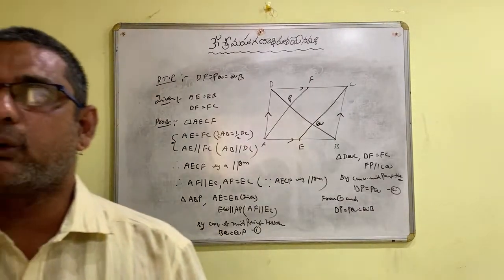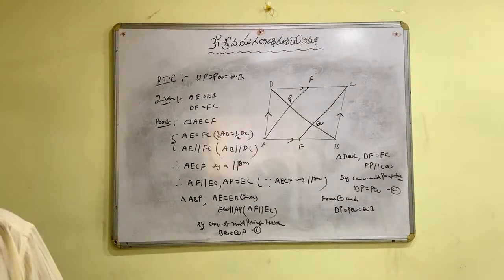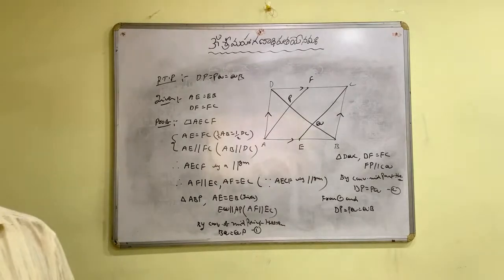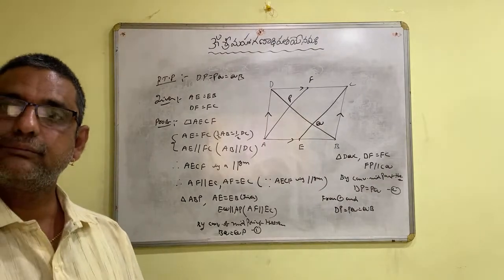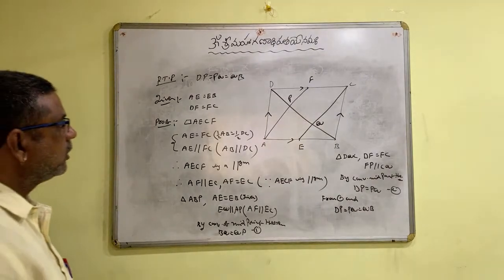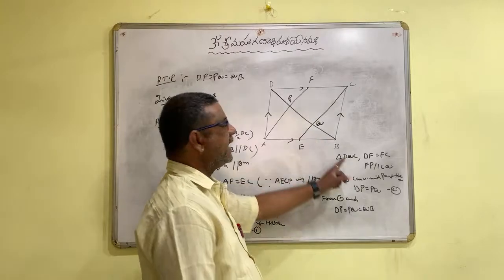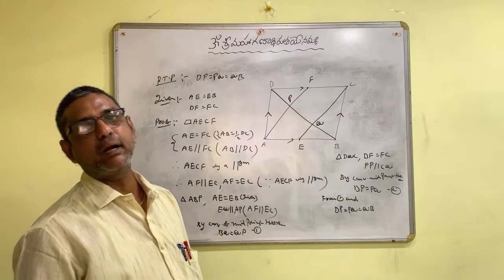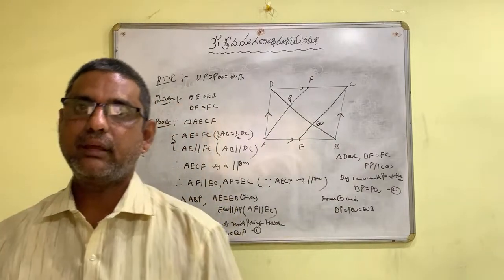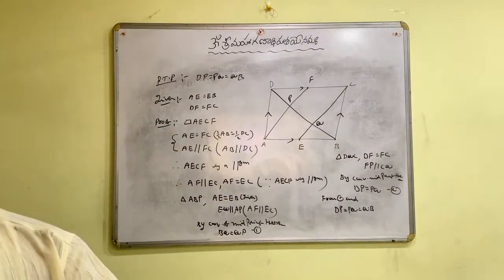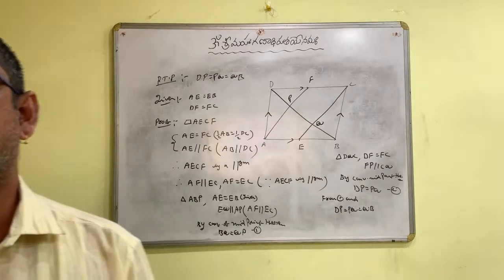Okay? So diagonal BD is trisected by AF and EC. So this is the solution.